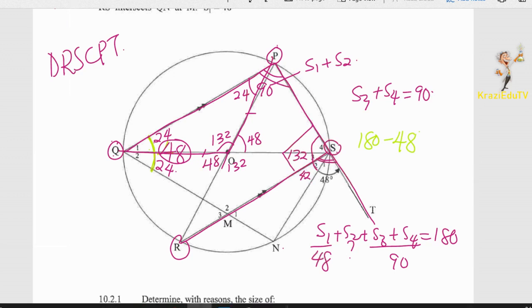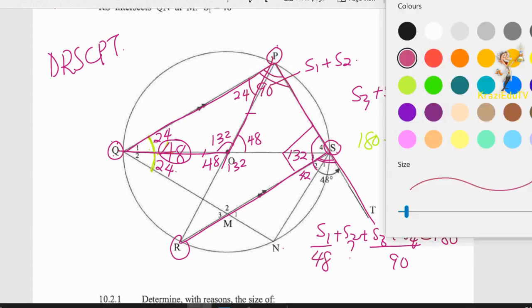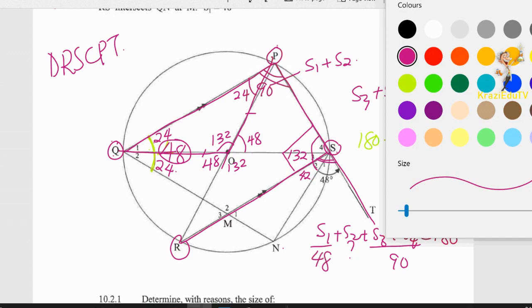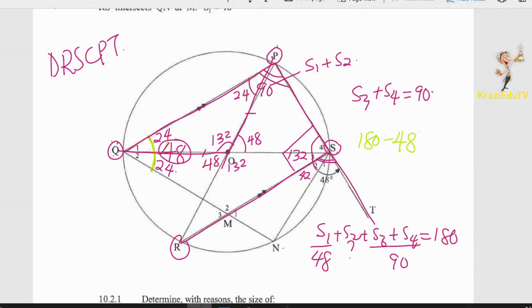I don't know if there's an angle that we've not actually gotten, but I hope you are following. Let me try to change something here. Since I'm dealing with parallel lines, can I create a fun thing?